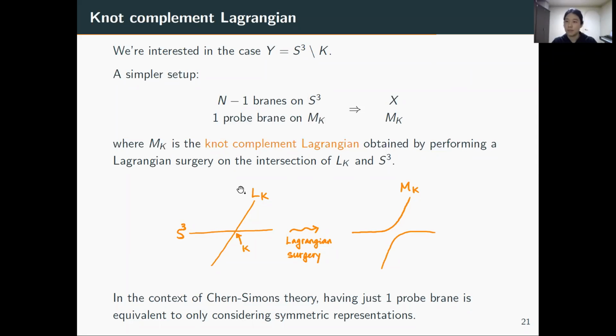It's obtained by performing a Lagrangian surgery on the intersection of L_K, the knot conormal, and S^3. So this is a schematic diagram.